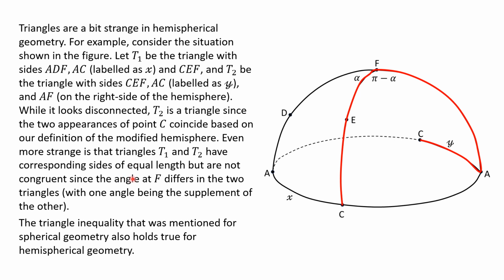So the two triangles are not congruent, and that's strange, but that's the way it is in our hemispherical geometry. Then one last point in this lesson, not really related to this, but I don't have anywhere else to put it. The triangle inequality that was mentioned for spherical geometry also holds true in hemispherical geometry.